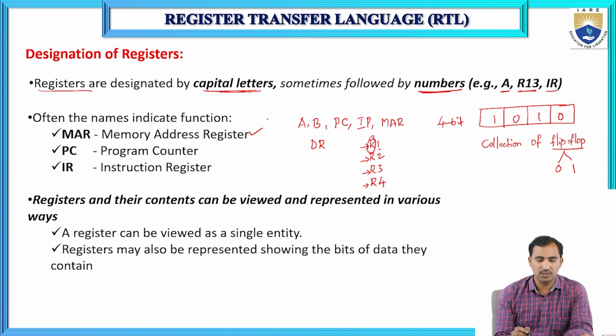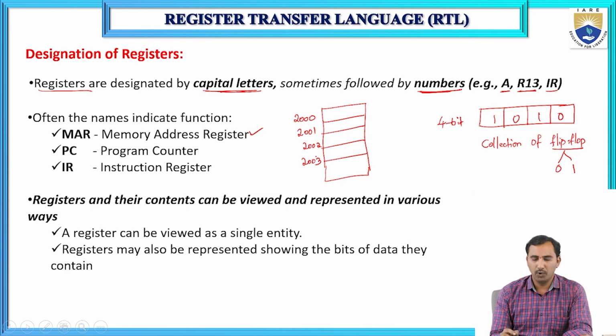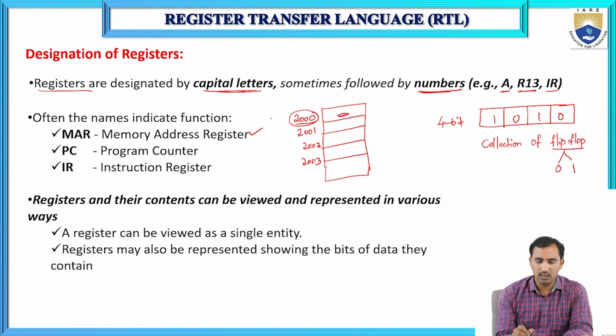Suppose we have a memory with starting address 2000, 2001, 2002, 2003. Suppose the CPU is reading the instruction stored in location 2000. Then this address will be stored in the MAR, memory address register.